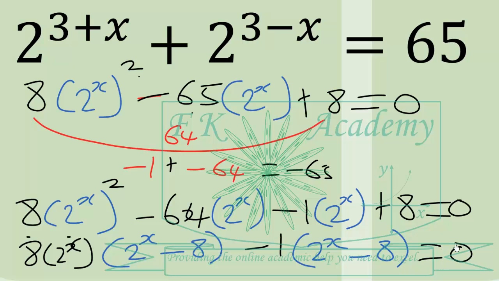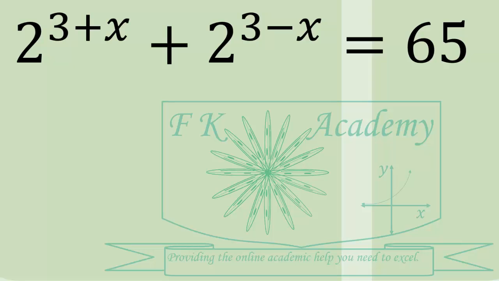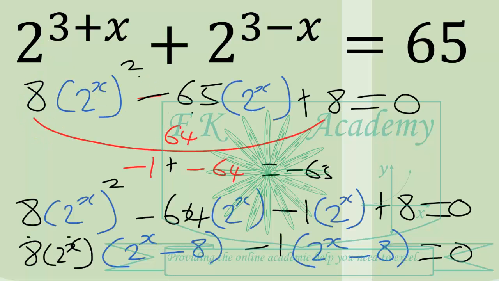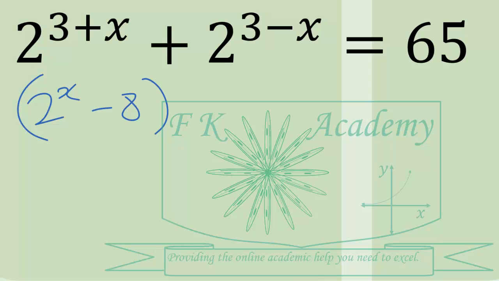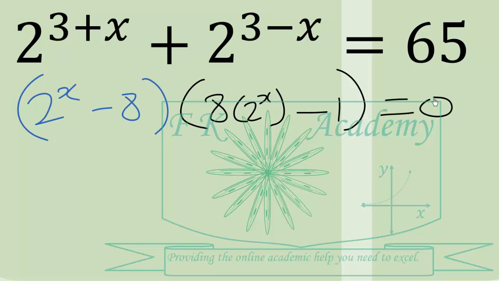So we can factor the 2^x minus 8 again to obtain 2^x minus 8. Then we are left with whatever is here, 8 times 2^x minus 1. So we have 8 times 2^x minus 1 is equal to 0.